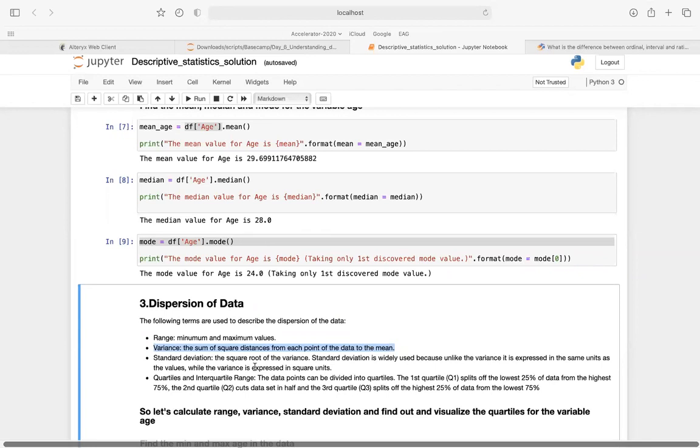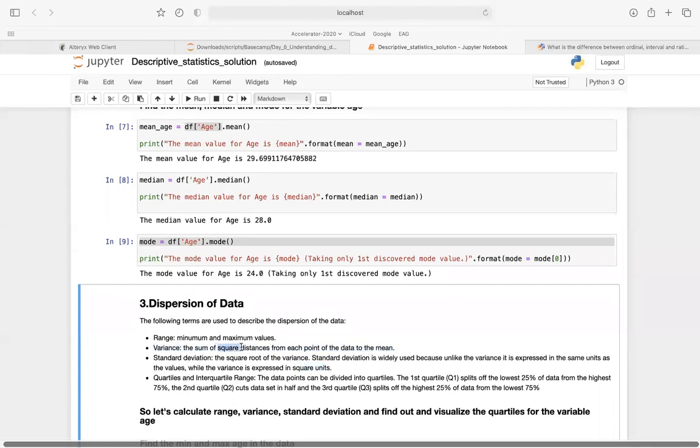A lot of people ask: if we already have a variance, which tells me the differences between the data points and their mean, why do I need a standard deviation? The simple answer is that the variance talks about the differences in terms of squared units, because I'm squaring it.